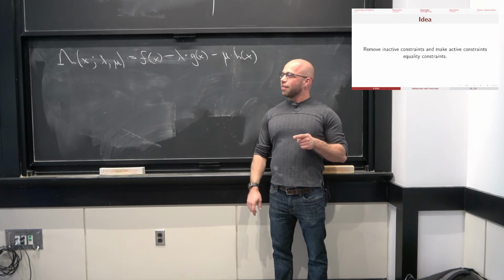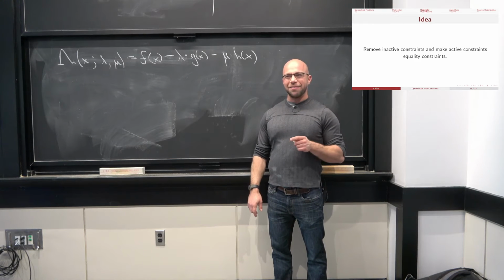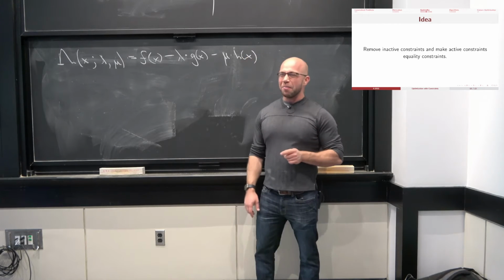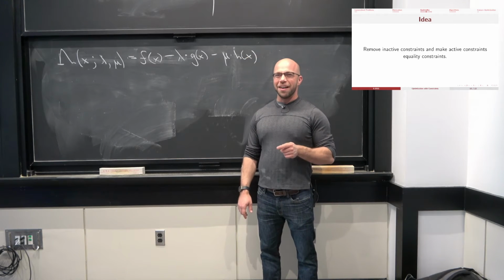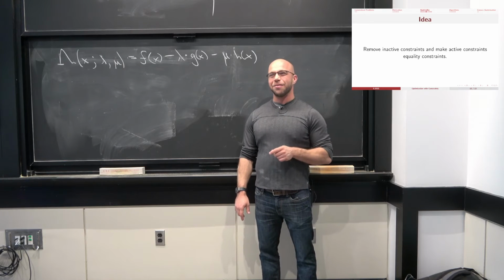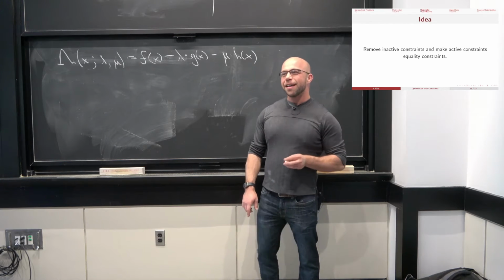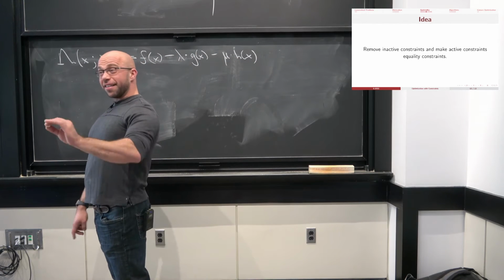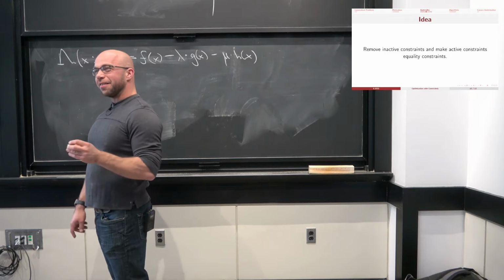So let's do something that's mathematically completely invalid. Suppose that we forgot that some of our conditions were not satisfied, or in other words, suppose we forgot that some of our conditions were inactive, rather. In that case, what would be the critical condition with respect to just x, not mu or lambda here? It would be the following.